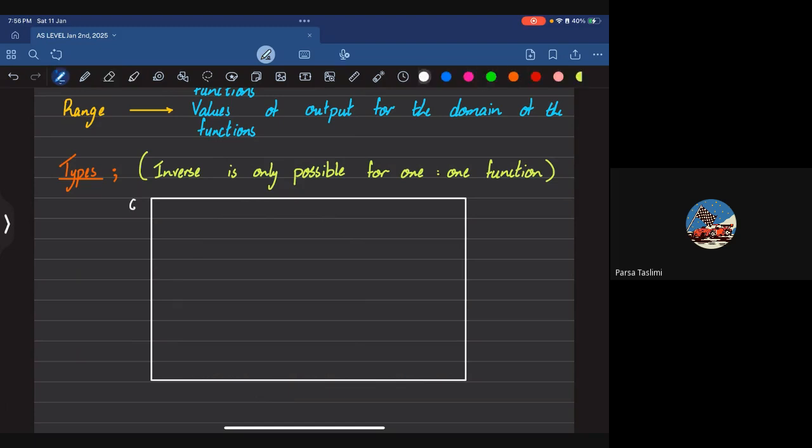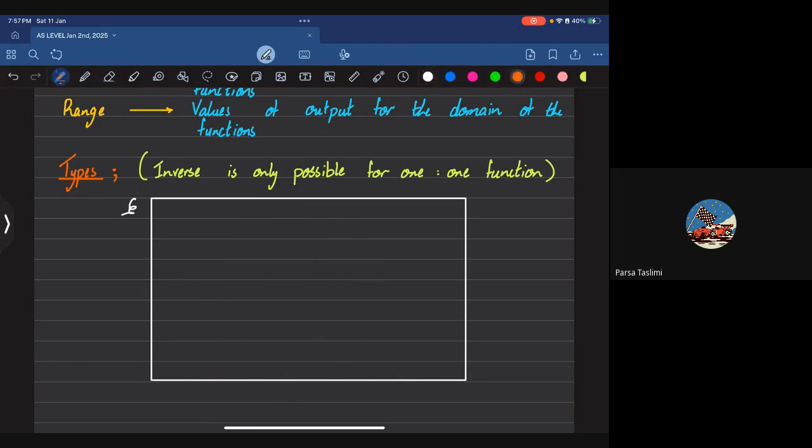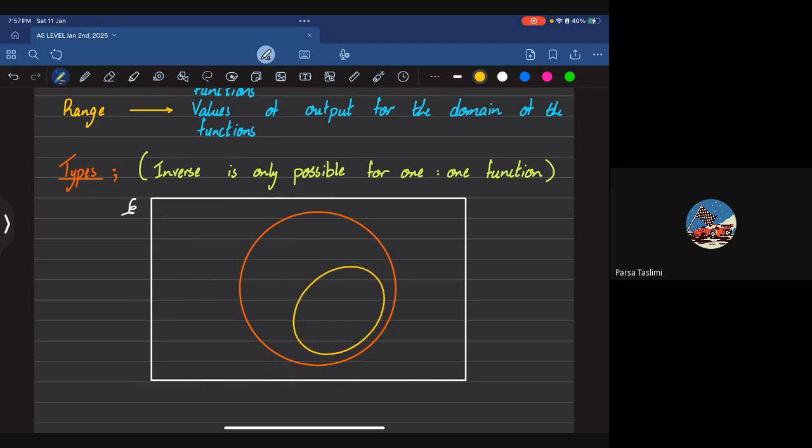Sorry, my universal set is a bit hideous for some reason. And these are relations. Okay, these are your relations. And I'll say that this is your function.